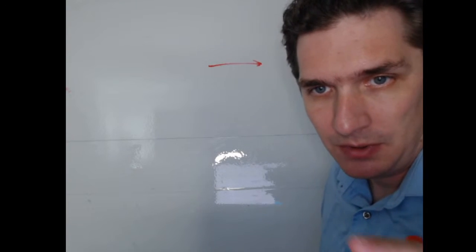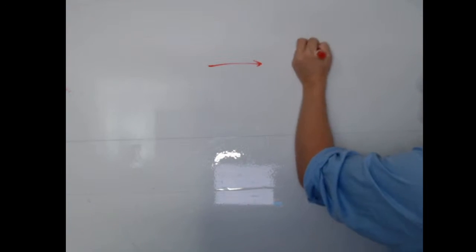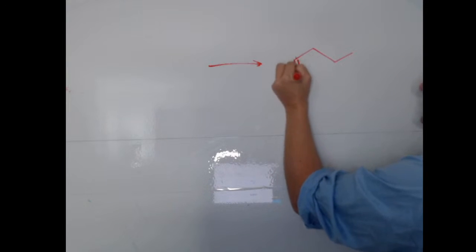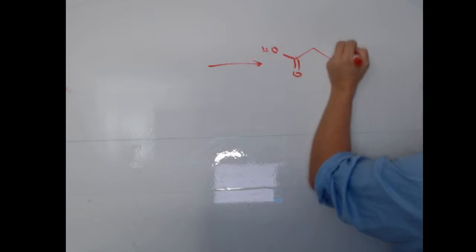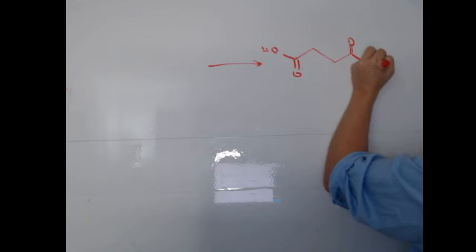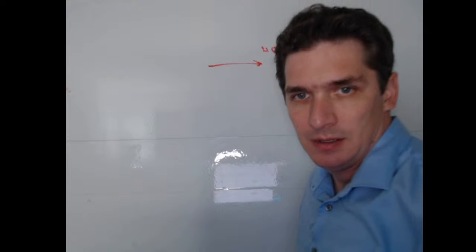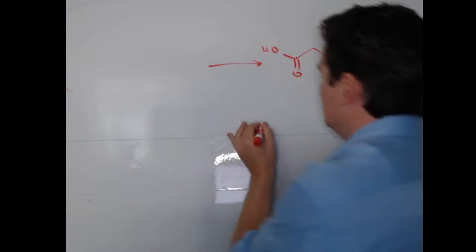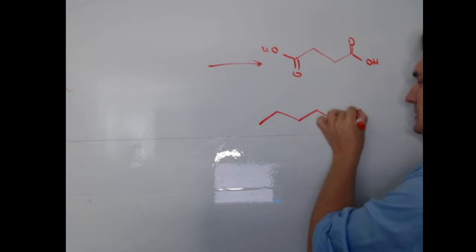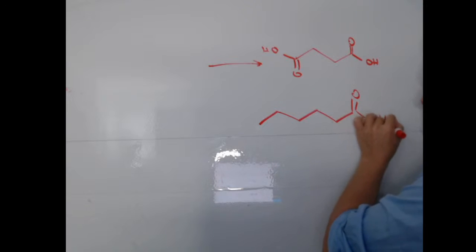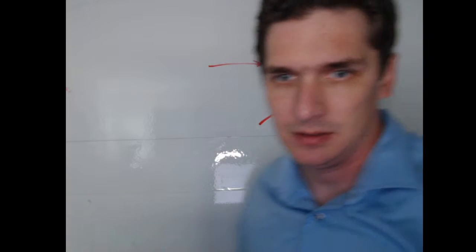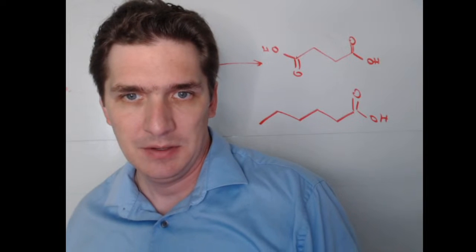1, 2, 3, 4. We got, then we got 6. 1, 2, 3, 4, 5, 6.